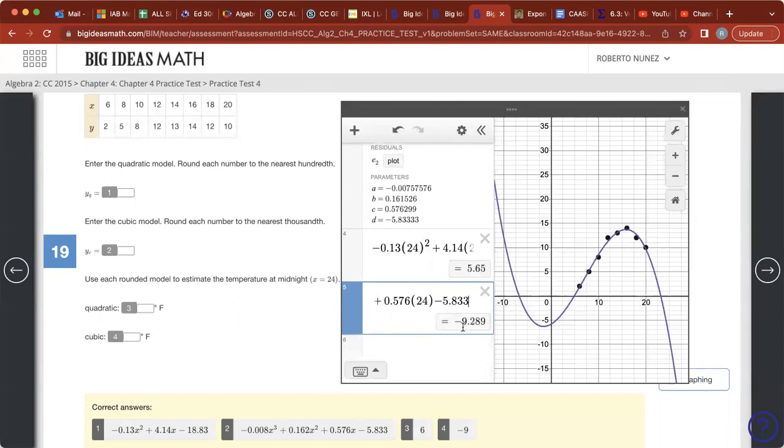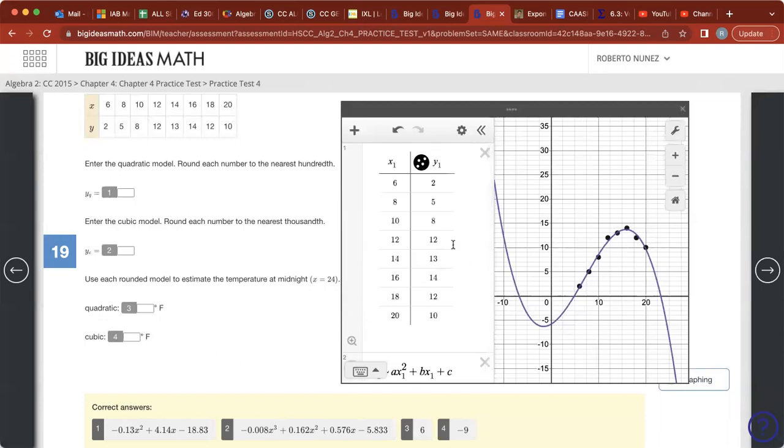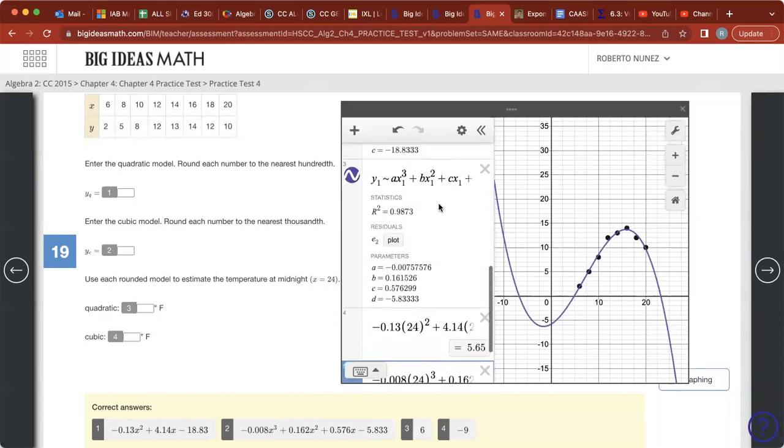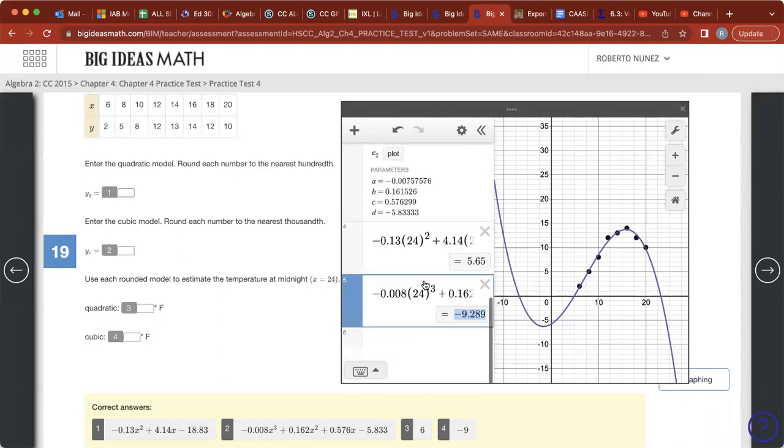And as we can see, the nearest whole number that this approaches has to be negative 9, which is why our answer is this. So all of the work the calculator did for us, we just have to learn how to actually use the calculator features.